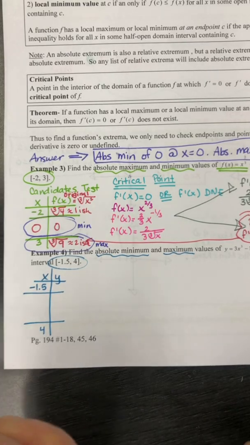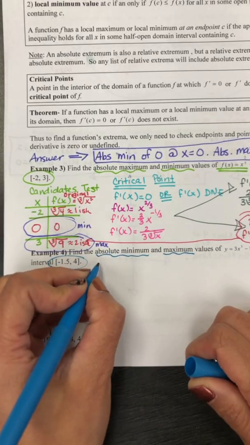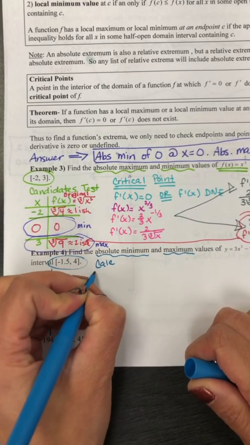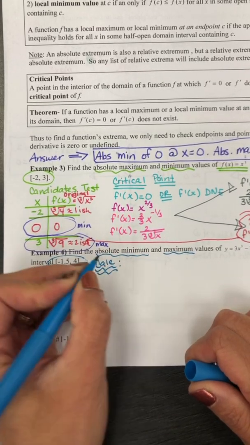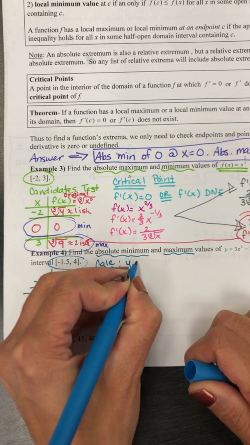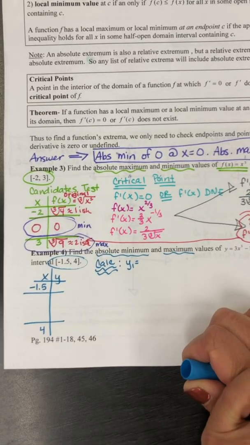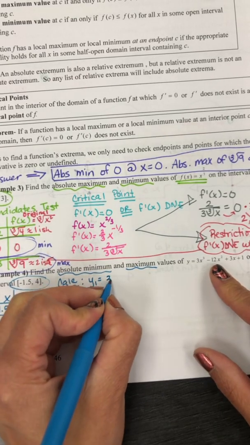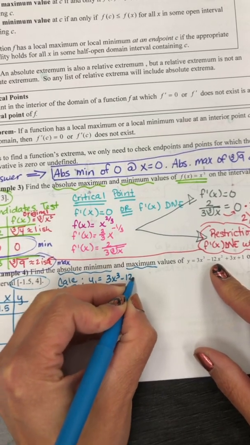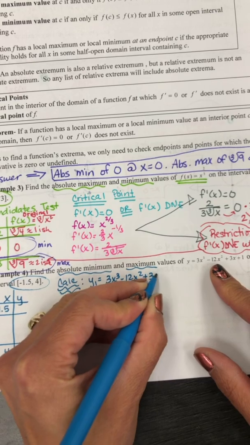So what we gotta do is in our calculators, we need to set our graph. So we're gonna need to go to the y1 or the y equals button, and we're gonna need to set our y1 to be the function. So 3x cubed minus 12x squared plus 3x plus 1.